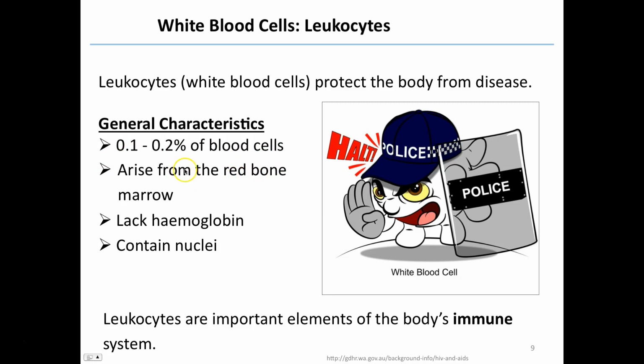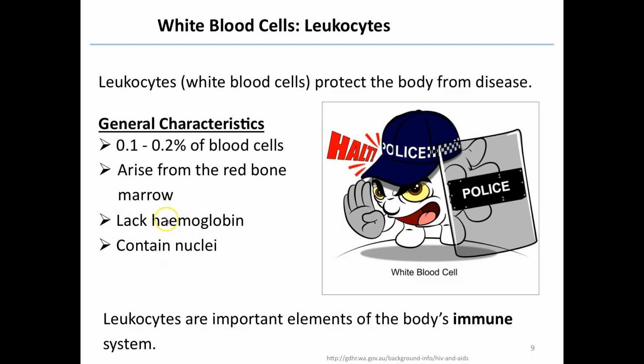However, you will notice that in terms of total composition of the cellular components within the blood, the white blood cells only contribute 0.1 to 0.2% of the blood cells. A further characteristic of white blood cells is that they lack hemoglobin. The red blood cells have hemoglobin, the white blood cells lack hemoglobin.